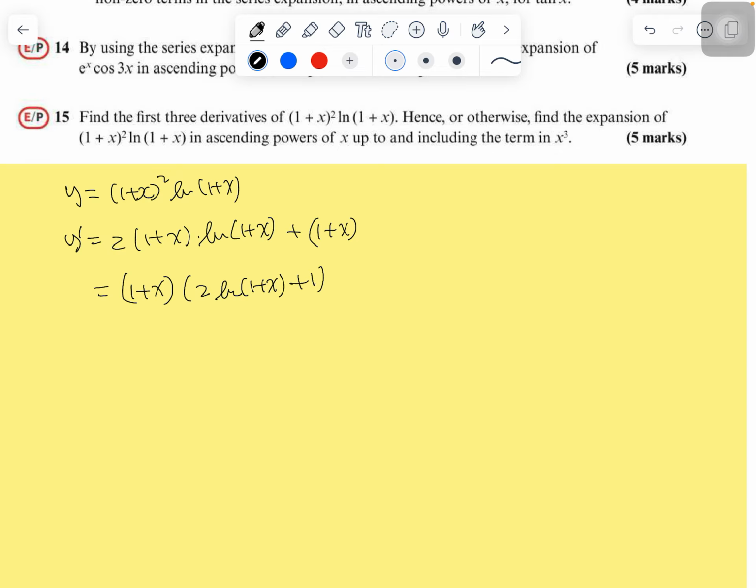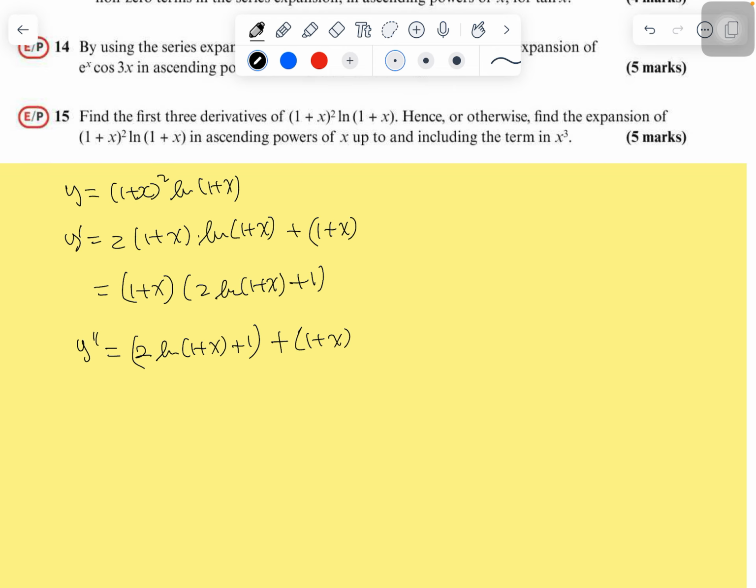And y double prime, this is 1, so 2 ln (1 plus x), I'm just applying the product rule continuously, plus (1 plus x) and (1 plus x), 2 over (1 plus x) plus 0. So this is 2 ln (1 plus x) plus 3.